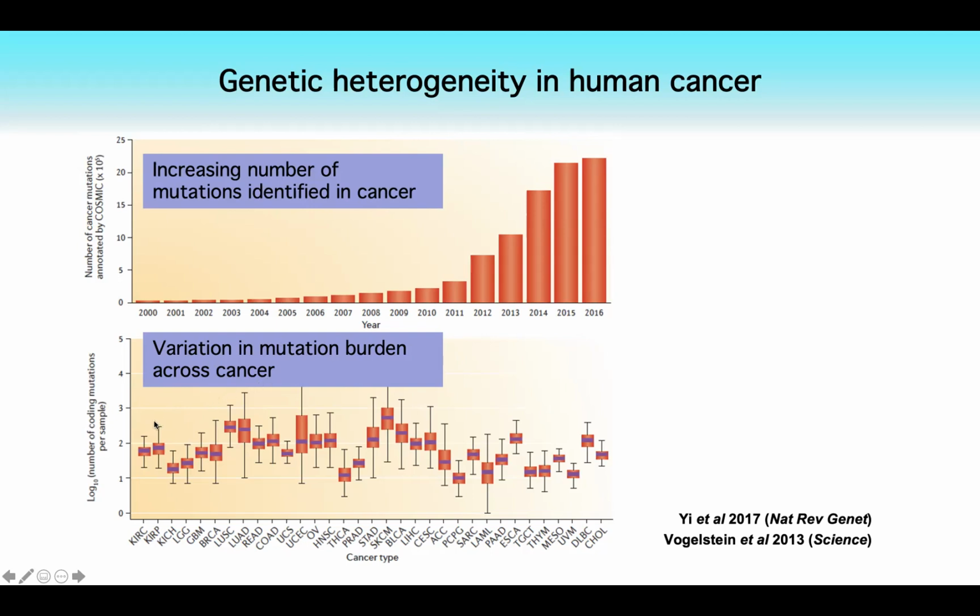When you look at the over 30 different cancer types documented in TCGA, you see a large variation in the number of coding mutations per sample identified in cancer patients, a huge variation in mutation burden across different cancer types.